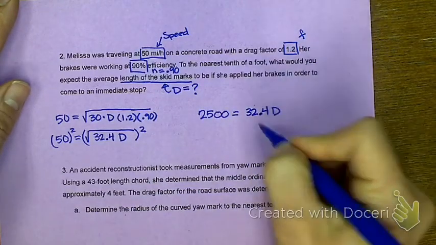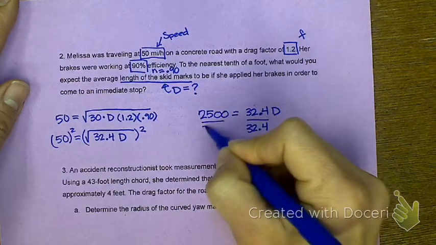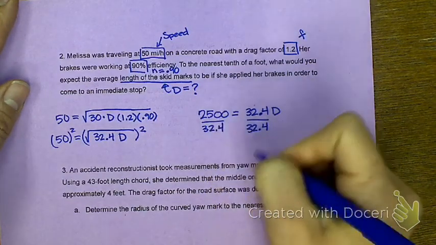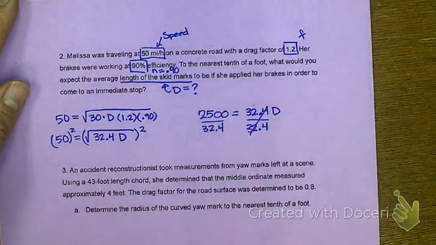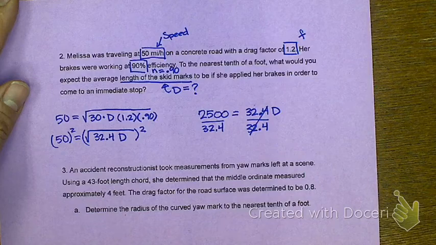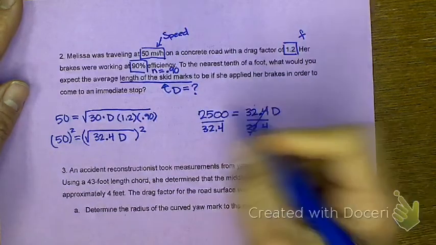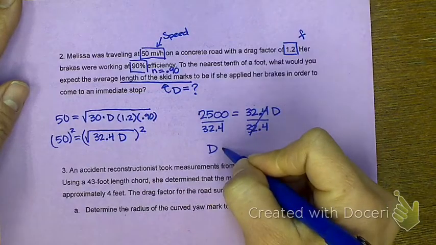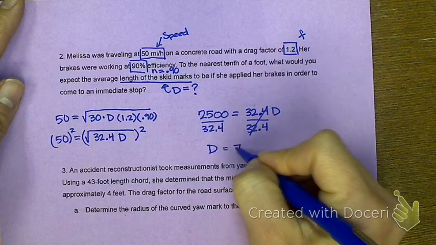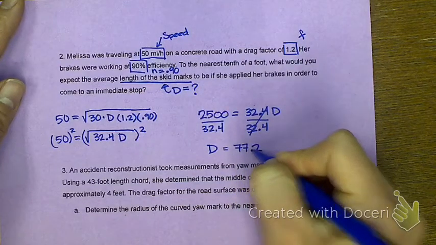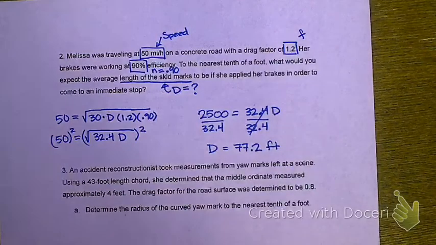Okay, and last I'm going to divide both sides by 32.4. So here's what I get for my distance, and I'm just going to round to the tenths place. So my distance here is equal to 77.2, and that distance is in feet, okay? So there's my answer there.